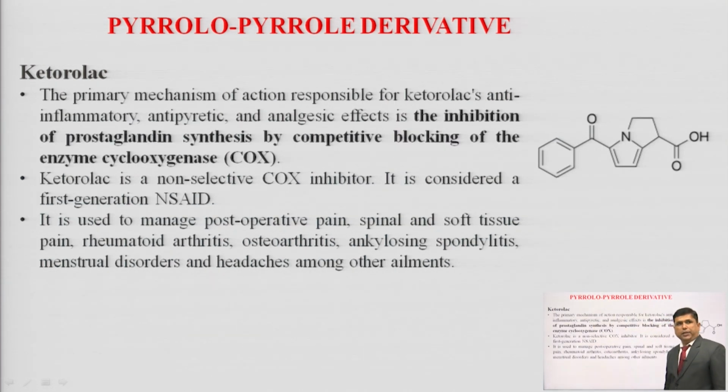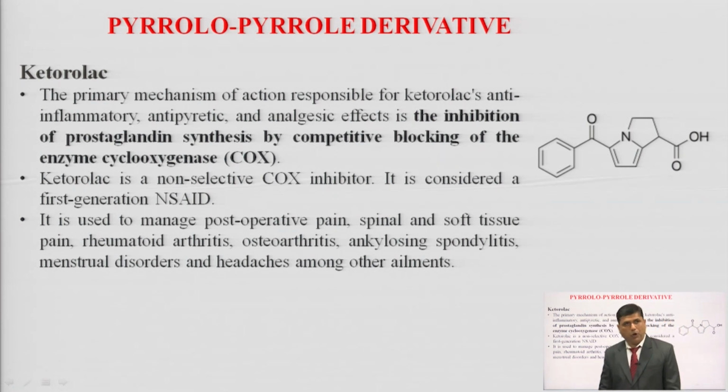The mechanism of action of ketorolac is that it inhibits prostaglandin synthesis by competitive blocking of the enzyme cyclooxygenase. So, it is a non-selective cyclooxygenase inhibitor, because it inhibits COX-1 as well as COX-2.